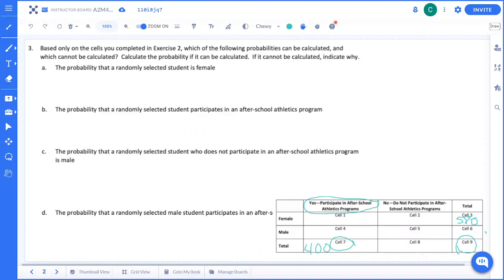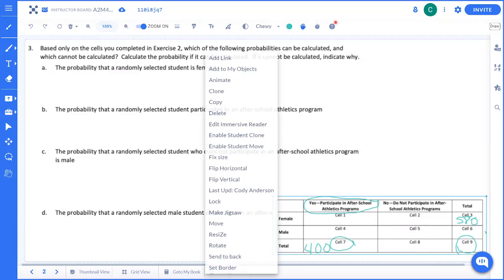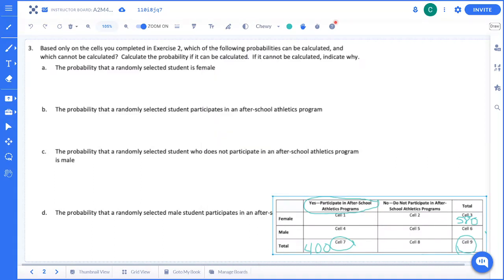Okay. It says, based on the cells you completed in exercise 2, which of the following probabilities can be calculated and which cannot be calculated? Okay. So since we've already filled in some of them, we also know that cell 9, we didn't write it in there. Let me go ahead and write that in there. Cell 9 has to be 1,000 as well.